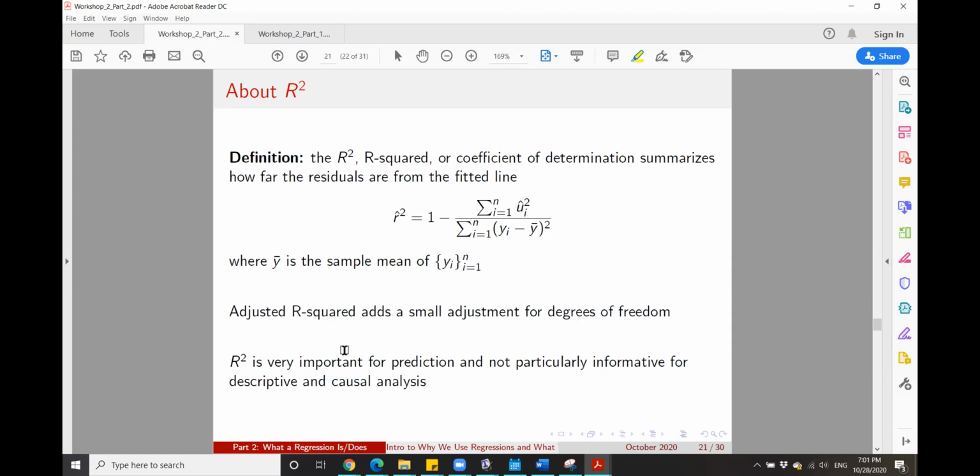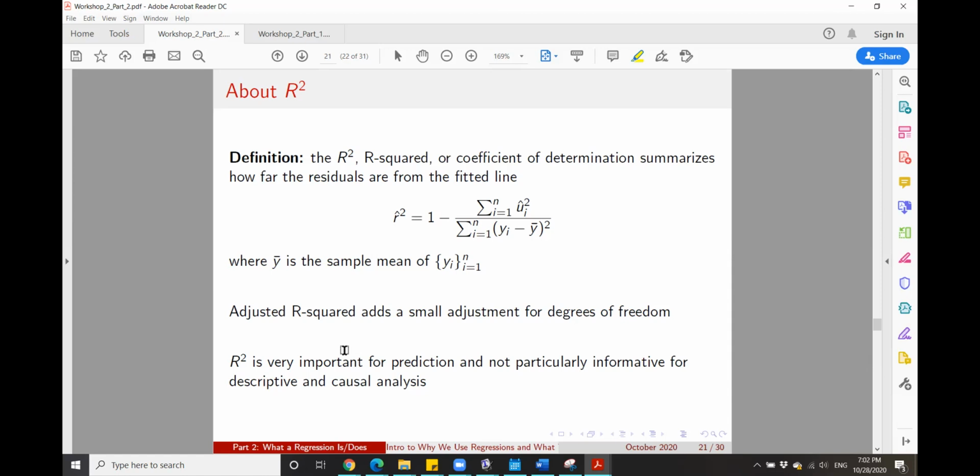And there are some other cases where it's weird, but because of that, there are ways in which r squared is very important for prediction and is less important in some ways for description and causation. Not to say that it's not important at all. It is a measure of how good your approximation is, but it's not the be all and end all of the quality of your model.